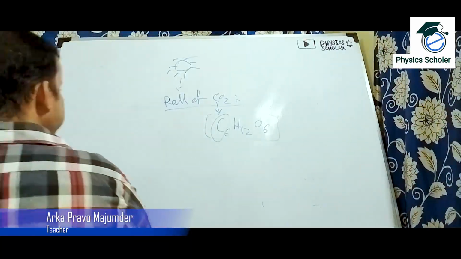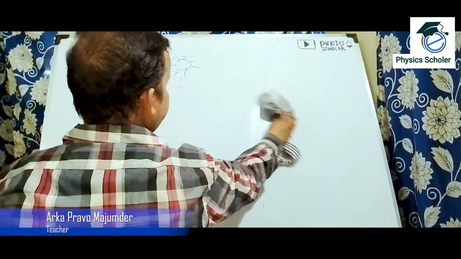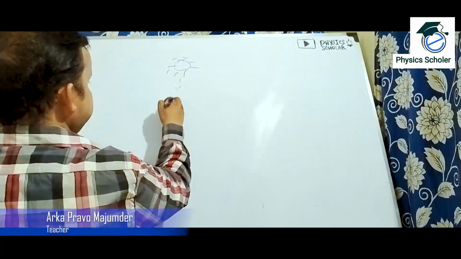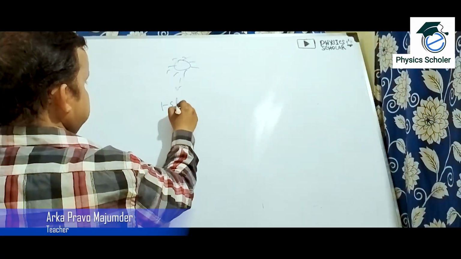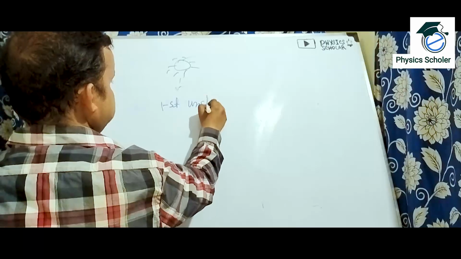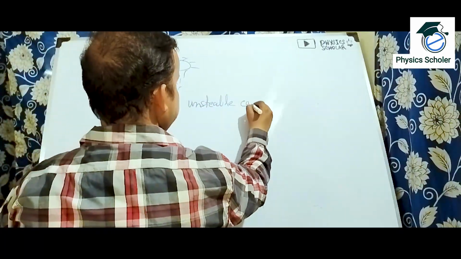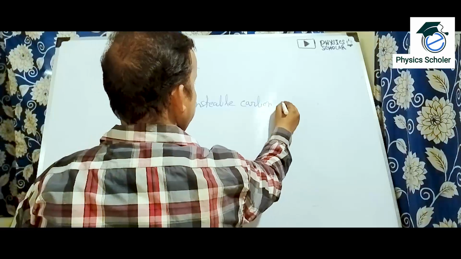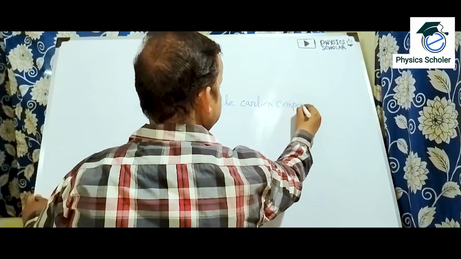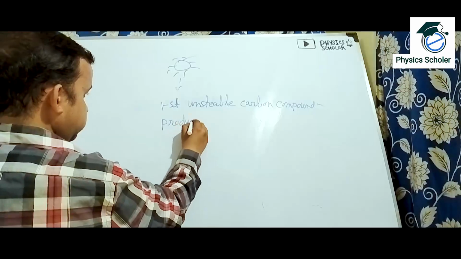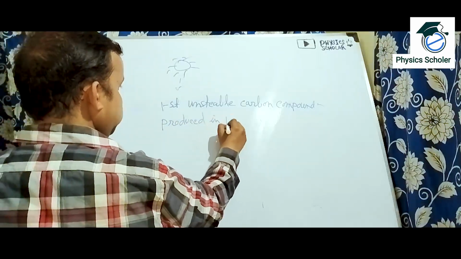Now, two pieces of information I am giving. First, the unstable carbon compound produced in photosynthesis.